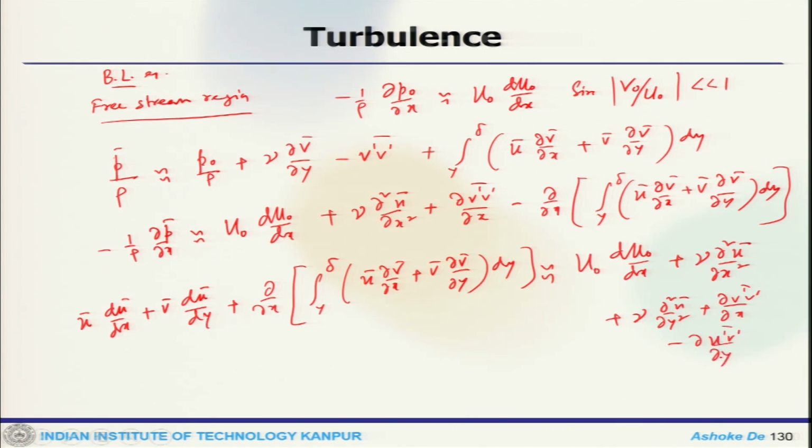So, there are small terms, which are the slow streamwise evolution of the boundary layer or Reynolds stresses of the same order, so this goes off, this also goes off and this goes off.